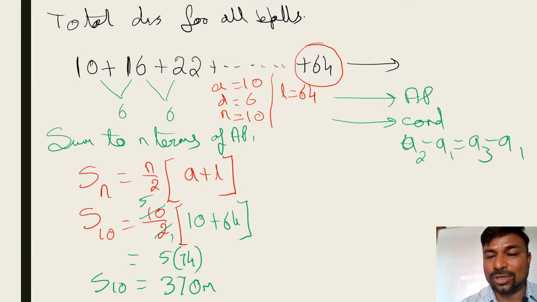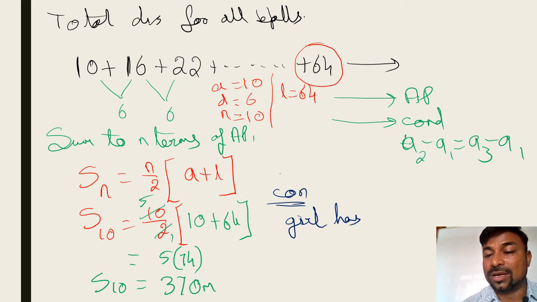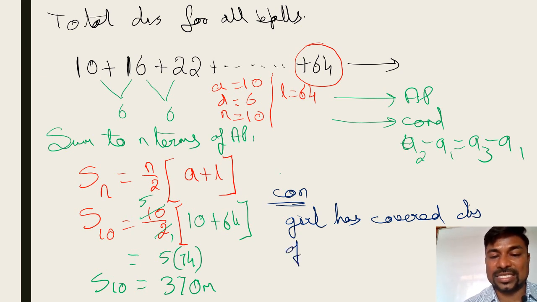Okay, so what is the total distance? What is the conclusion we are making here? So the conclusion is the girl has covered a distance of 370 meters to drop all the boxes.